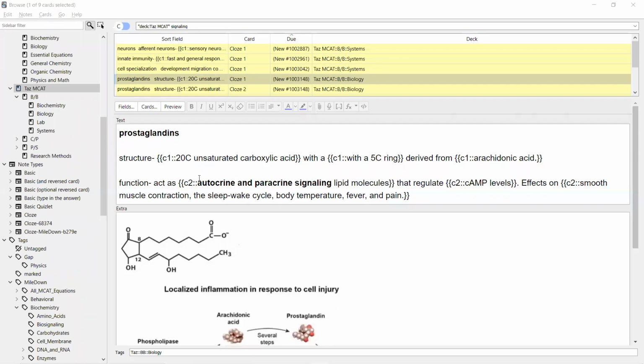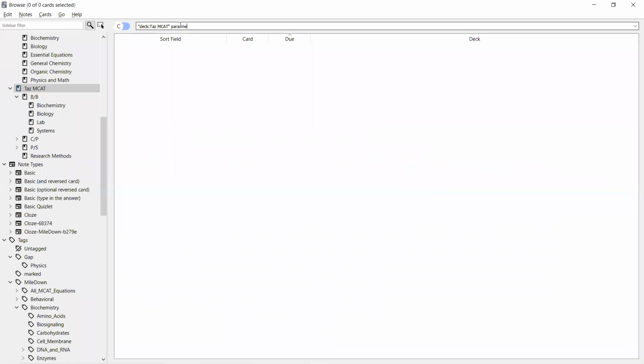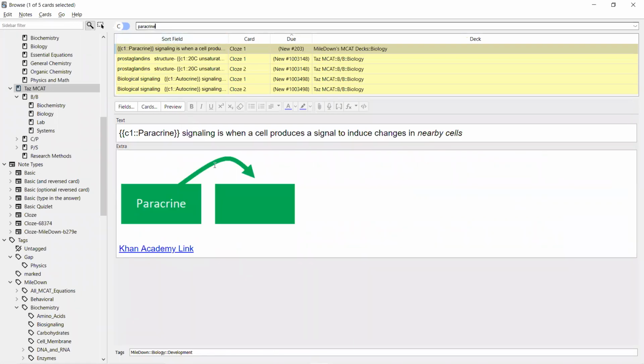Autocrine means acting on the self. So whatever cell secreted it, it will act on its own cell. Juxtacrine is right next to it. Paracrine means nearby.